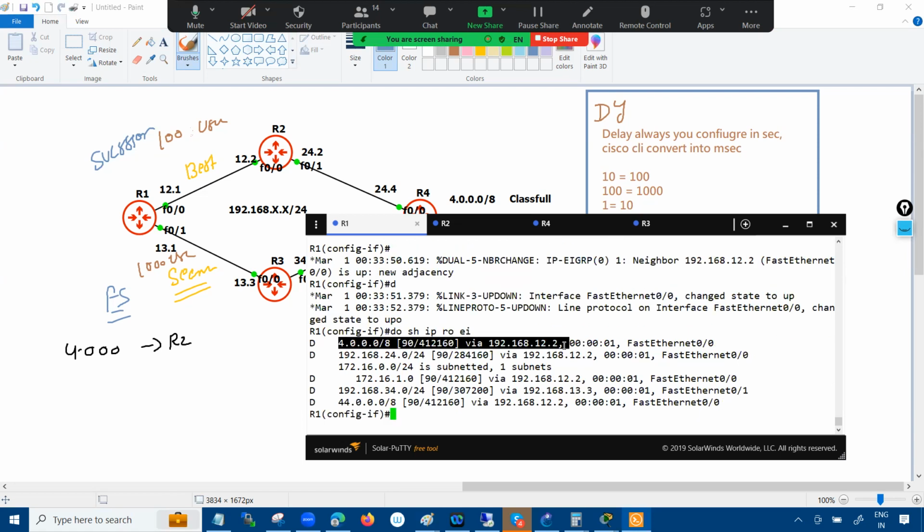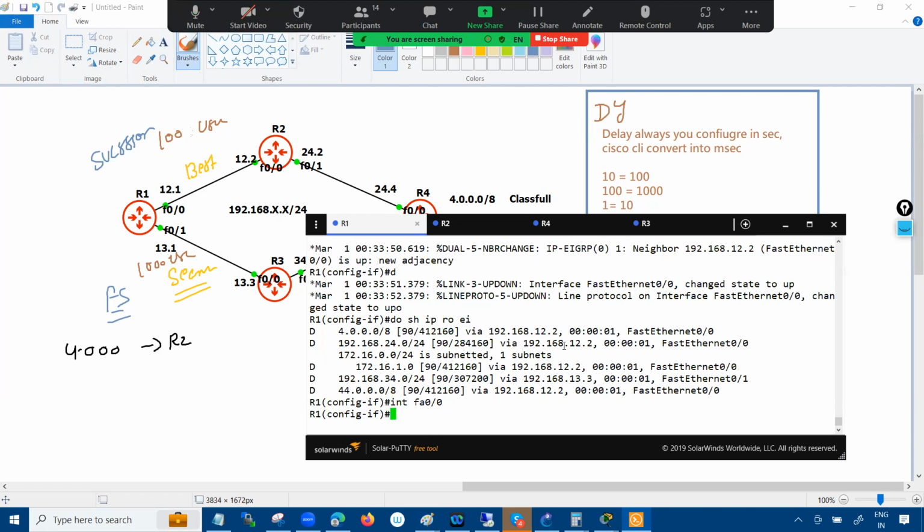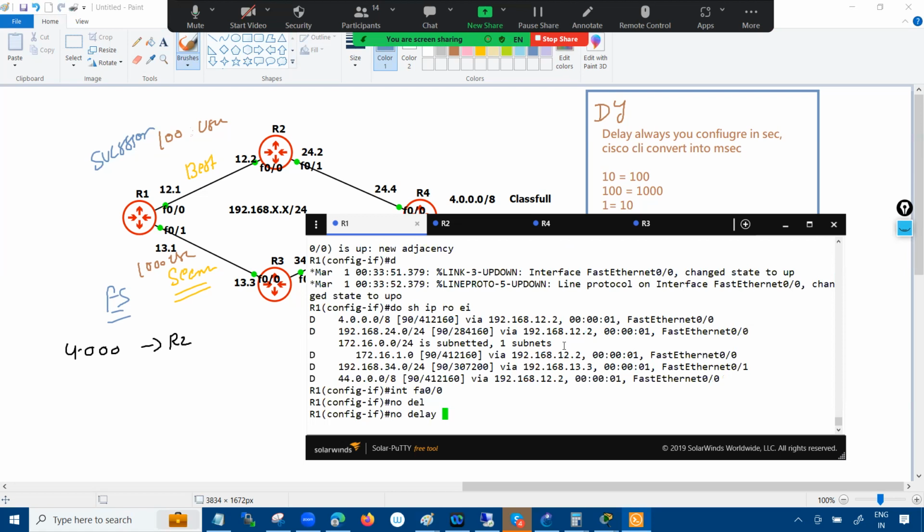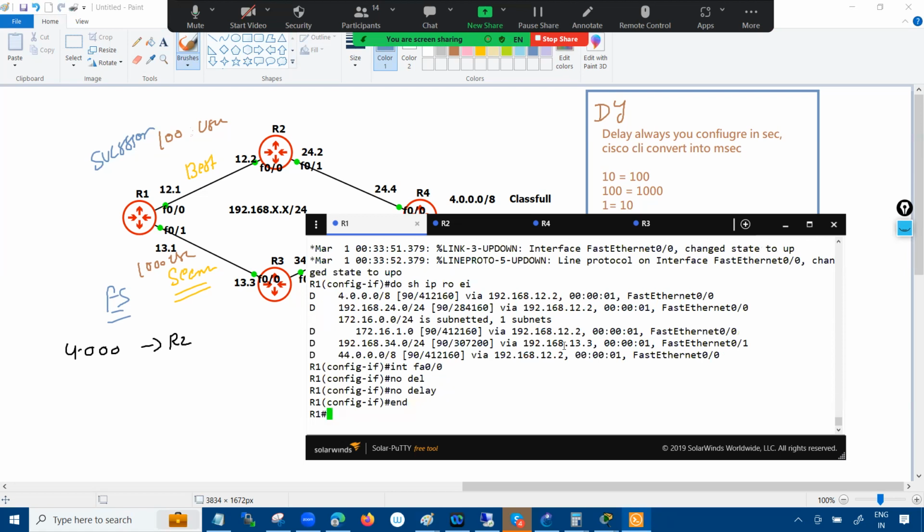So always remember, whenever path manipulation comes into the picture, lower delay is always preferred. Now if I remove the delay from this interface, I say no delay, it comes back to the default behavior.